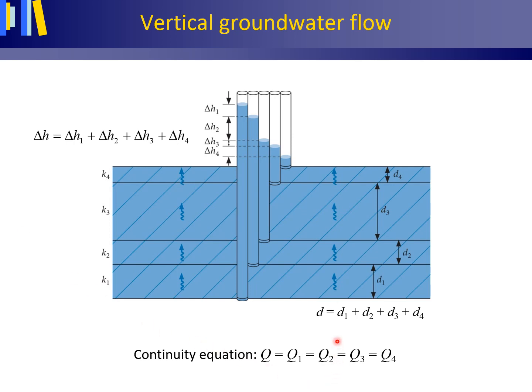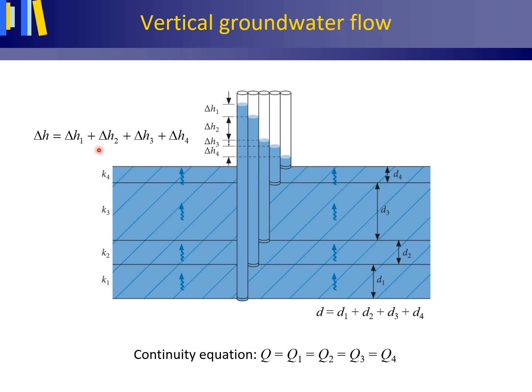Q is the sum of Q1, 2, 3, and 4, and the total difference in hydraulic head over all homogeneous semi-permeable layers, delta H, equals the sum of the differences in hydraulic head over each homogeneous semi-permeable layer.